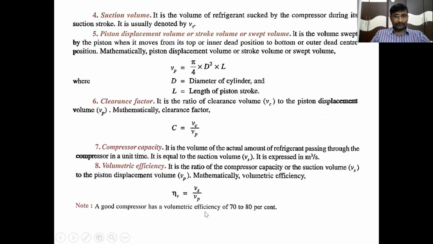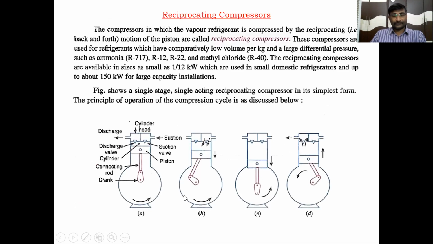A good compressor has a volumetric efficiency of 70 to 80%. So compared to the piston displacement volume, if the suction volume is 70 to 80%, then that compressor is a good compressor. In simple notation, it is the actual volume by swept volume. Clear? Actual volume by swept volume is volumetric efficiency.